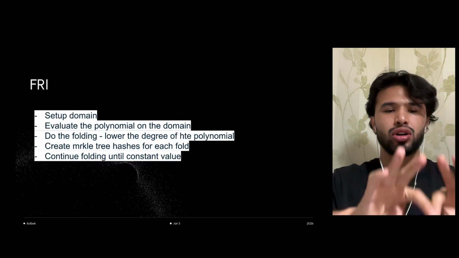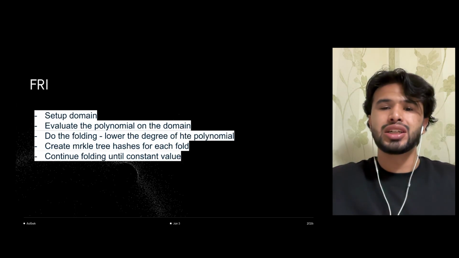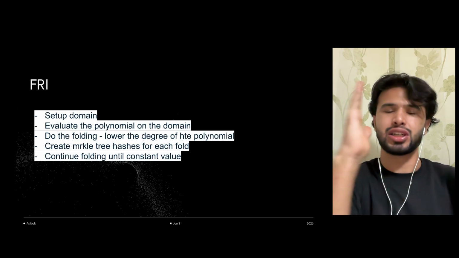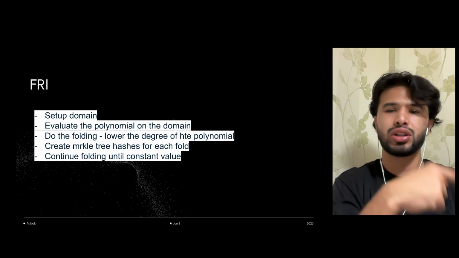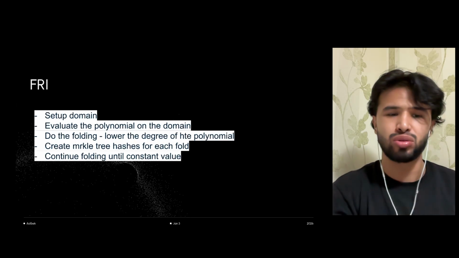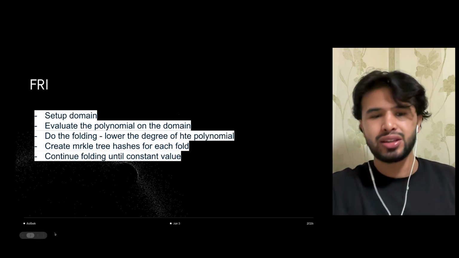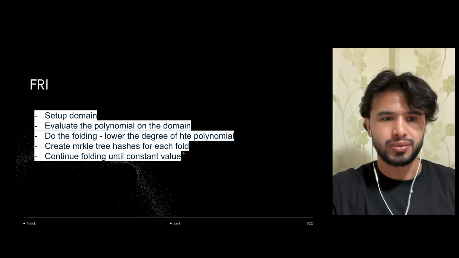So we have the long values of evaluation, so it means it's a high degree polynomial. So we have to fold it, which means we're going to create a smaller value. We are going to evaluate one more time until it is a constant value. And then in each folding, we're going to create Merkle tree hashes for each fold.